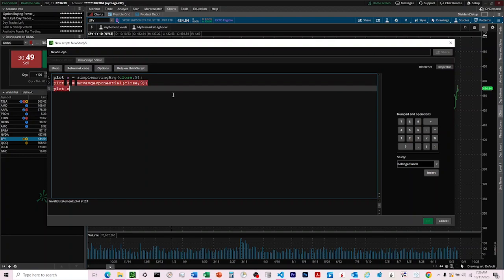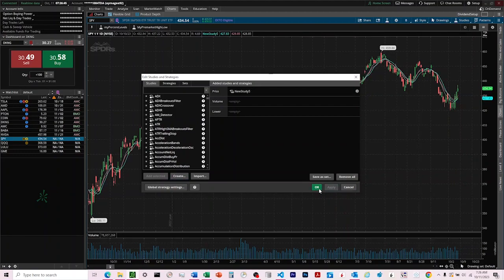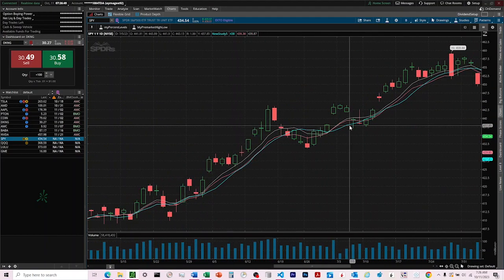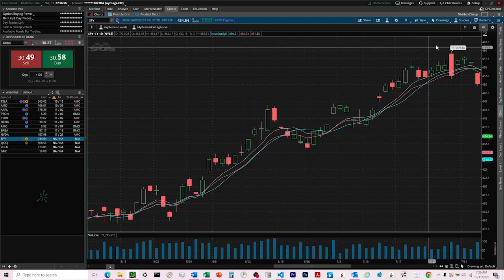And then the weighted is under the same syntax, MOVAVG weighted, close 9. So I'll go ahead and apply that, and we can see that those are charted on there. The blue is the simple, the red is the exponential, and the gray is the weighted.